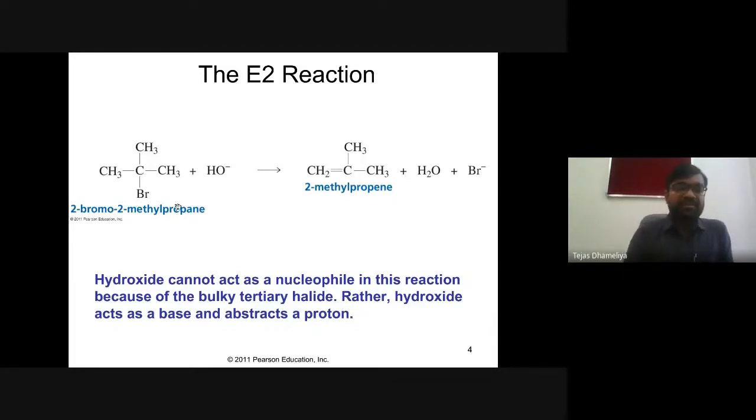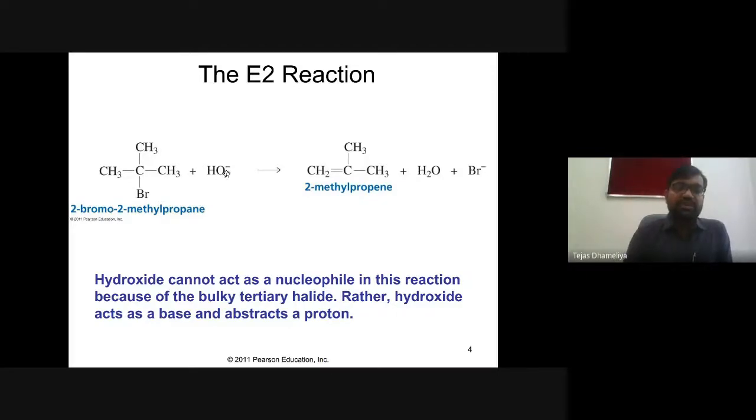Here we have this alkyl halide, RX. And this time it is tertiary butyl bromide. Another name of the same substance is 2-bromo-2-methylpropane. And the nucleophile is OH minus.